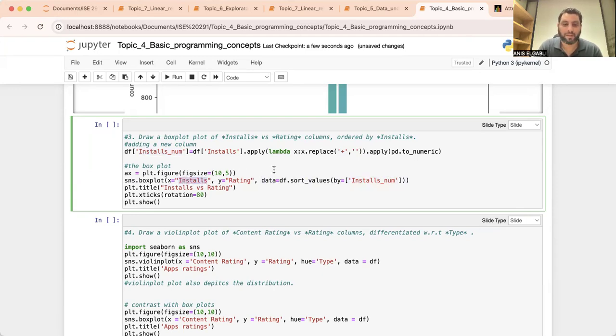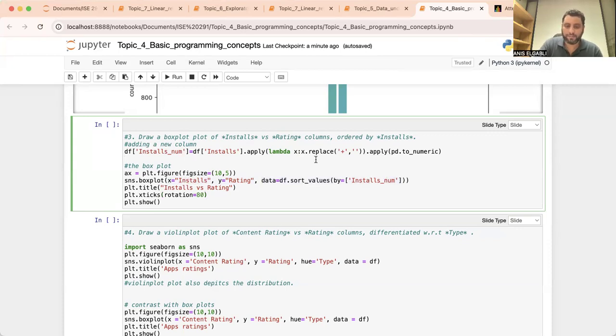I will explain it when we look at the figure. So in summary, we are plotting the statistics of this numerical attribute, differentiated by the different choices or categories of this categorical attribute, and we are sorting based on the values of this attribute here, which is nothing but the numerical version of this.